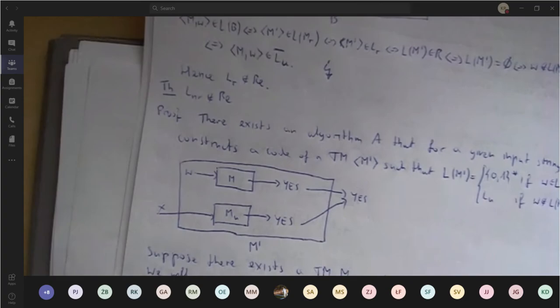So similar to the previous one, this is a contradiction because we know that this language is not recursively enumerable.